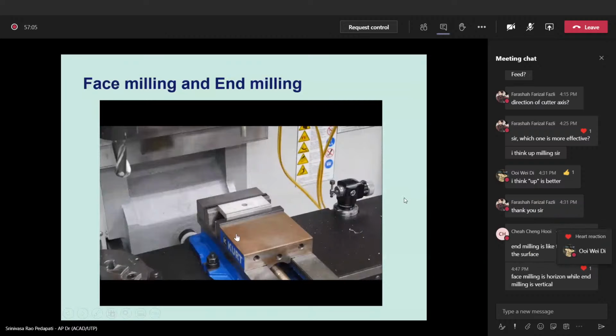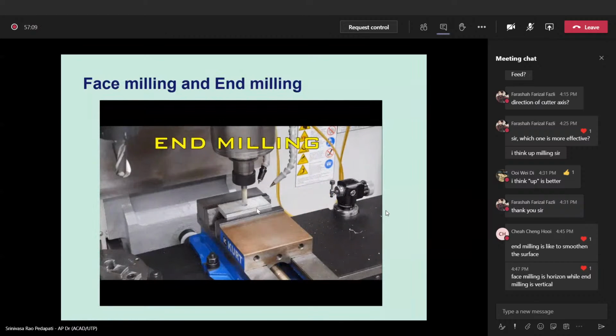Also, when you observe next time, now you see the tool. The tool is something like a drill bit. As we saw in the previous 2-3 slides, milling cutters will have both face as well as flutes. They will have flutes like a drill bit.